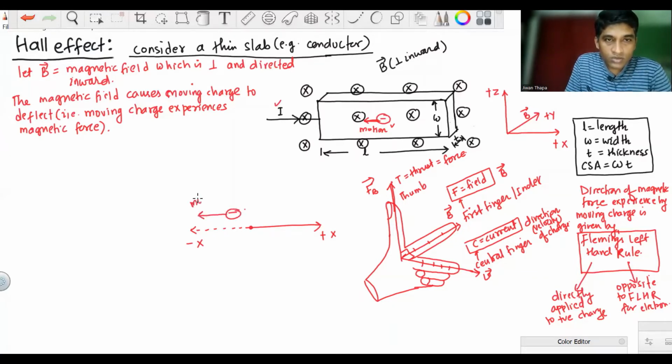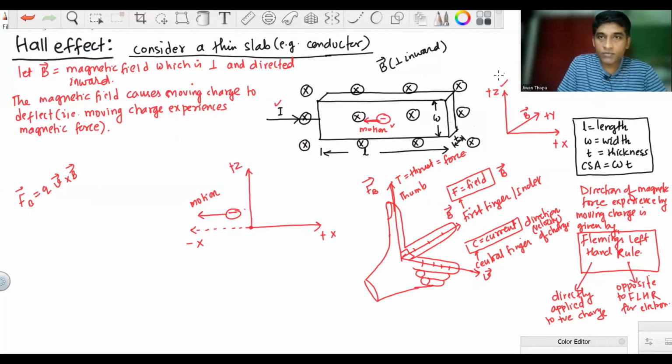So this is the motion of electron, because we know magnetic force equals q velocity cross magnetic field. We have positive z, and we have magnetic field acting along plus y direction.